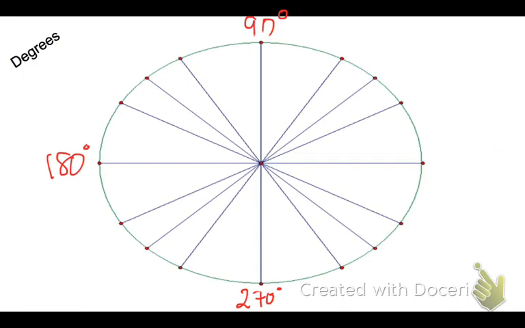Coterminal angles can be found by adding or subtracting 360 degrees. So of course, if I go all the way around, that's 360 degrees. But if I don't go around at all, that's 0 degrees. So on the unit circle at this position here, with our positive x-axis, there are 2 degree measures listed, because it could be 0 degrees or it could be 360 degrees.